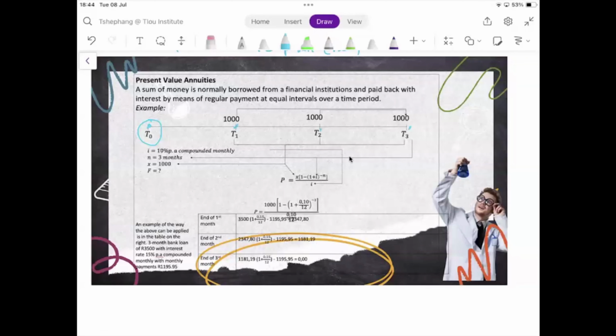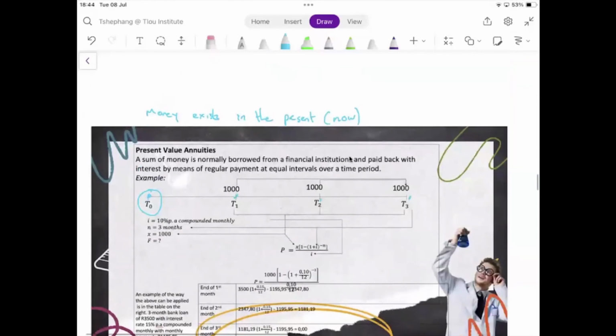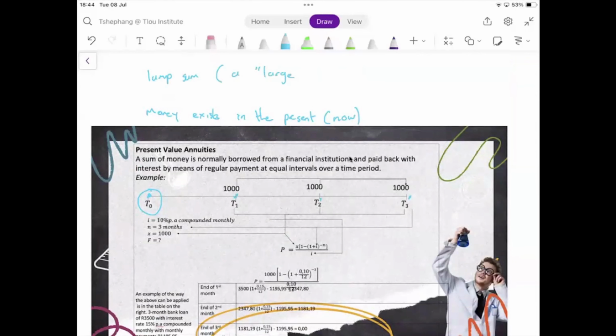Okay. Please repeat present annuity and what lump sum is. Okay. So a lump sum is, I'm going to put it in quotation marks, a large amount of money or a larger amount of money, right?